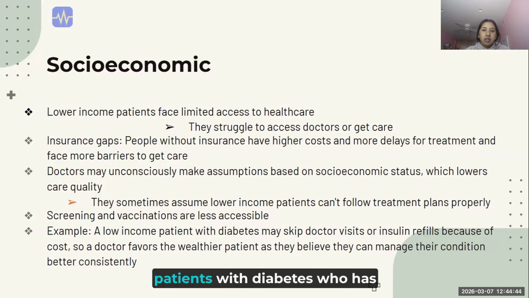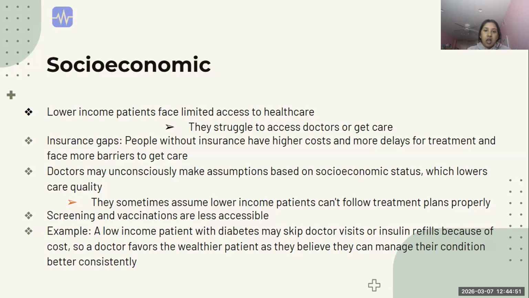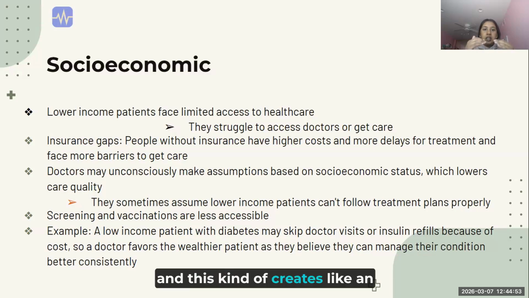For example, a patient with diabetes who has limited income might skip doctor visits or delay insulin refills because of the cost. And this creates an unintentional prioritization of patients who appear more financially stable. So that's also very important to keep in mind.